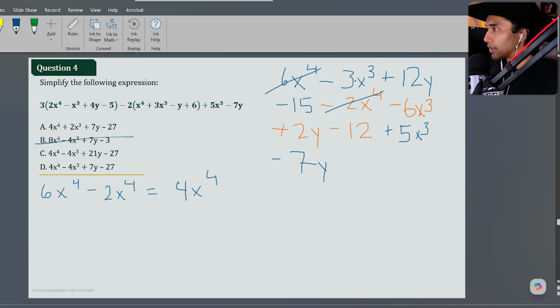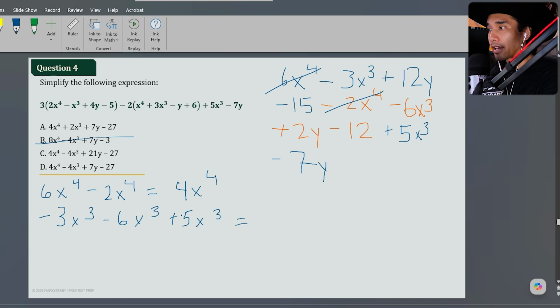And now let's go on to the next one, which is this cubed. So I'm going to write negative 3x to the 3rd, combine that with negative 6x to the 3rd, and then combine this with positive 5x to the 3rd. What does that equal? Well, negative 3x to the 3rd minus 6x to the 3rd equals negative 9x to the 3rd.